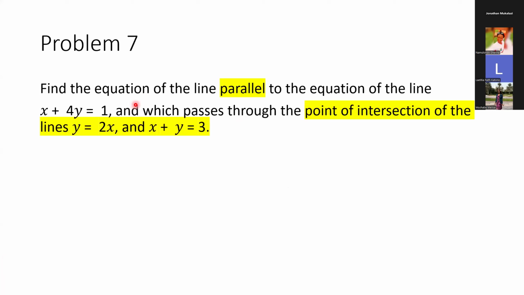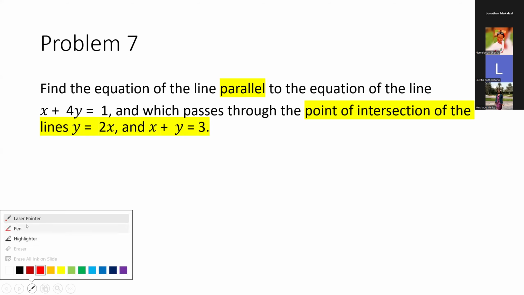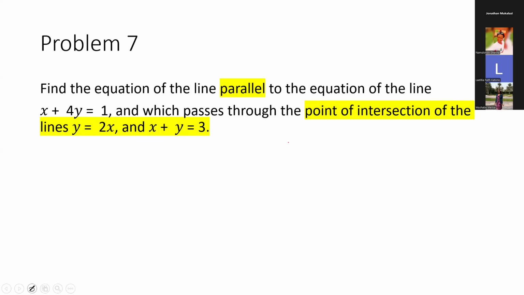They said this line here passes through the point of intersection of these lines, okay? Point of intersection means where these two lines meet. Let me try drawing so that we can visualize it. It means something like, the intersection is this point here, where they are meeting.